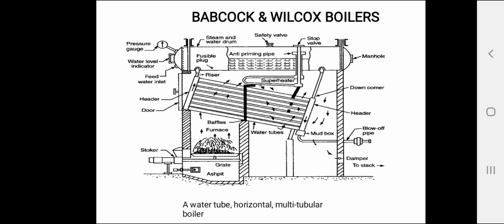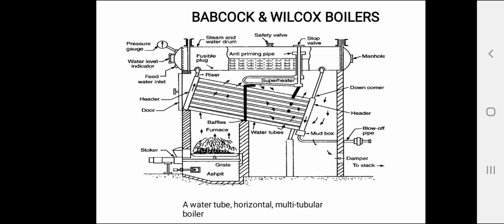Fittings include a safety valve, pressure gauge, water level indicators, fusible plugs, and feed check valve. Evaporative capacity ranges from 20,000 to 40,000 kg per hour. Operating pressure ranges from 11.5 to 17.5 bar.